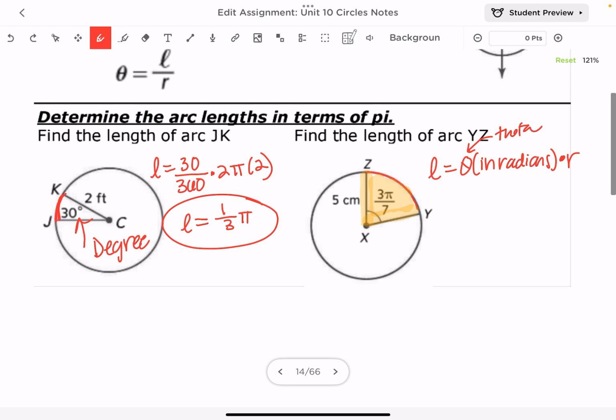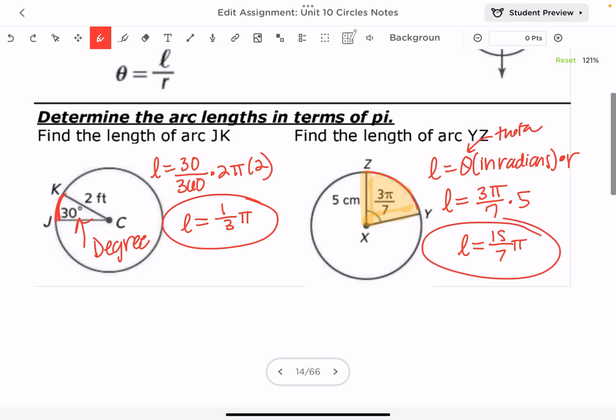That just represents a variable, basically. And it's saying take that angle that's in radians, and then you're going to multiply it by the radius. So I'm going to have length equals my angle that's in radians, so 3 pi over 7 times my radius. This one's actually easier, I think. I don't even have to pick up a calculator for this because I can do 3/7 times 5. That's 15 over 7 pi.